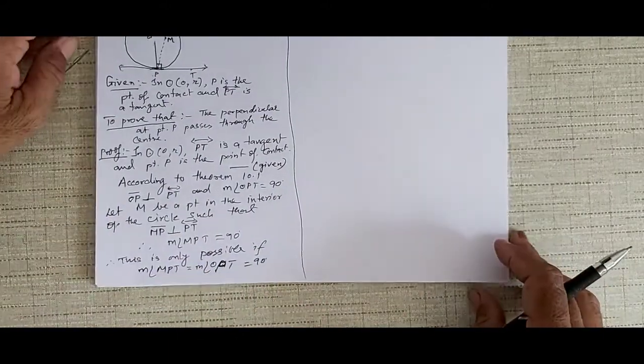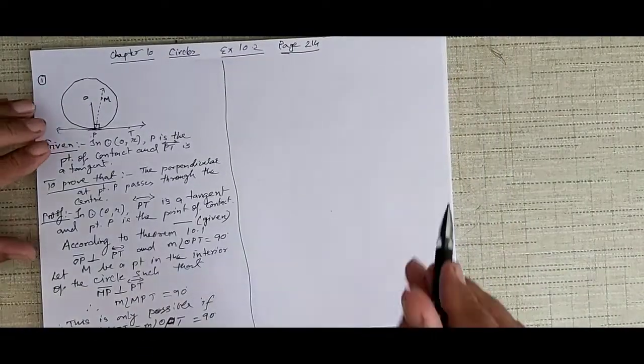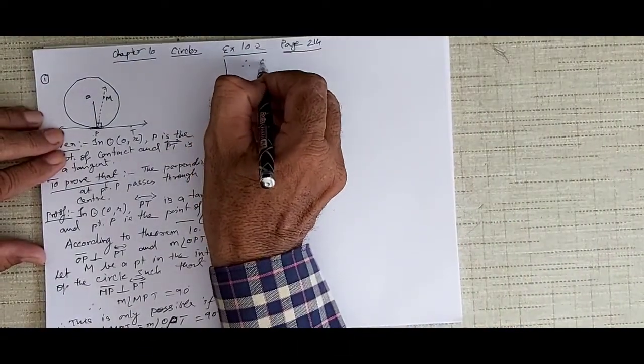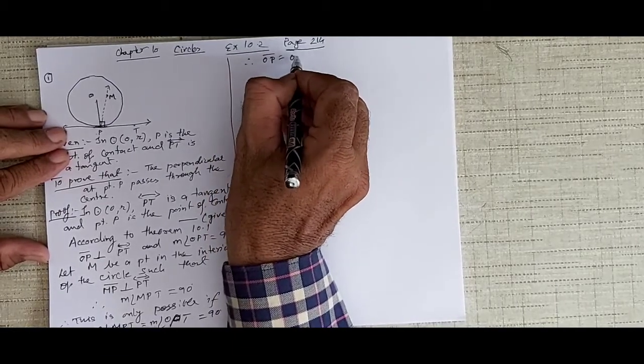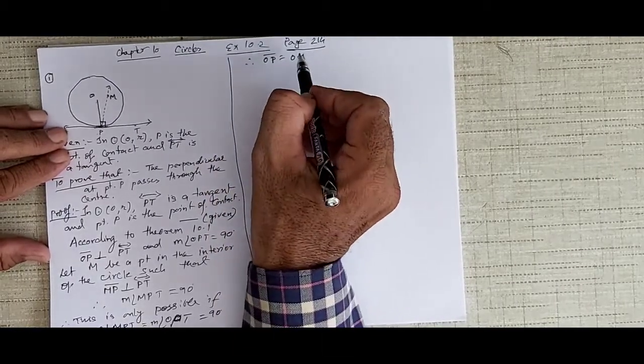It means the perpendicular passes through the center. Therefore, OP and OM must be the same.